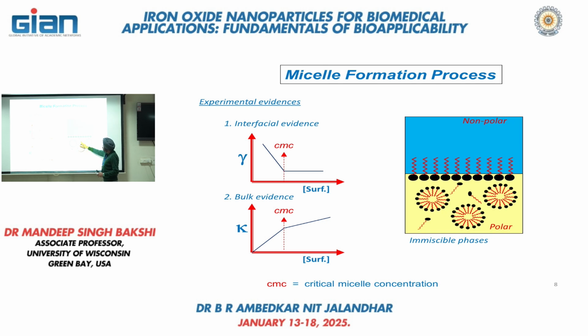When you have single molecules, the single ions present in the solution, obviously they have greater dynamic mobility in comparison to the aggregated phase. The aggregated spherical phase of the amphiphilic molecule faces greater viscous drag in comparison to the non-aggregated phase.